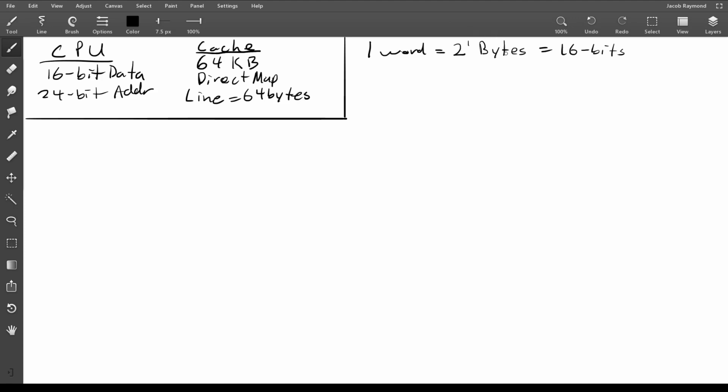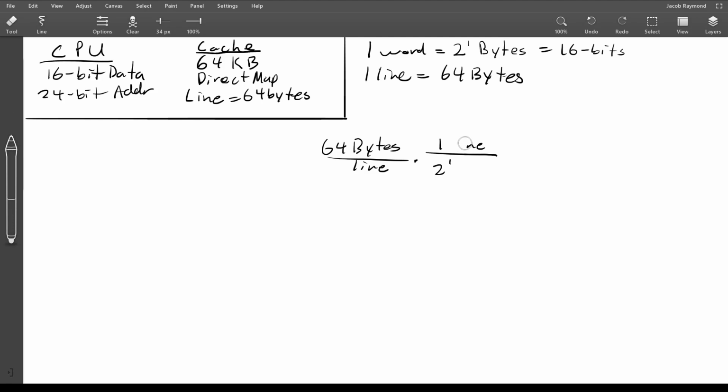Okay, so we have one word is 2 bytes. So now how many words are there per line? Well, we have one line is 64 bytes. That doesn't tell us how much it is in words, so we just need to figure that out. If we have 64 bytes per line times one word per 2 to the power of 1 bytes, now we can get words per line.